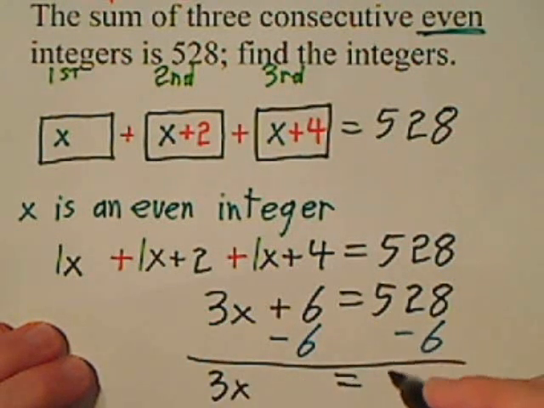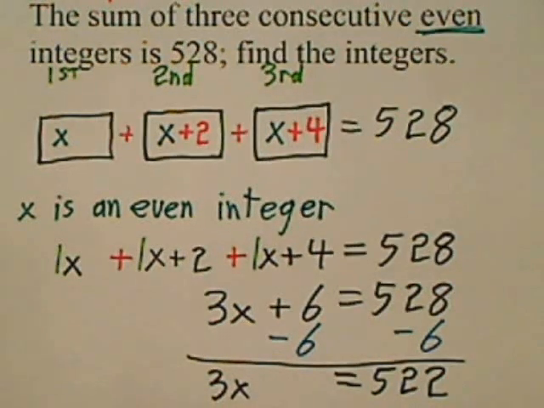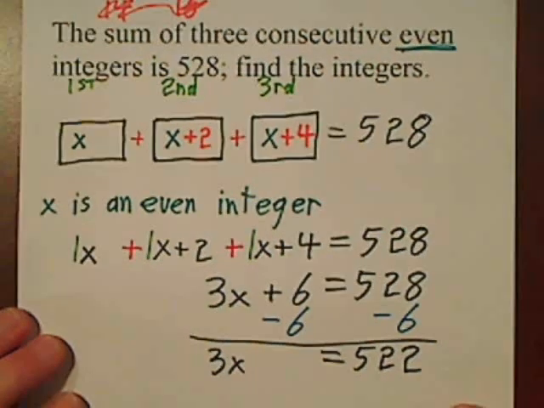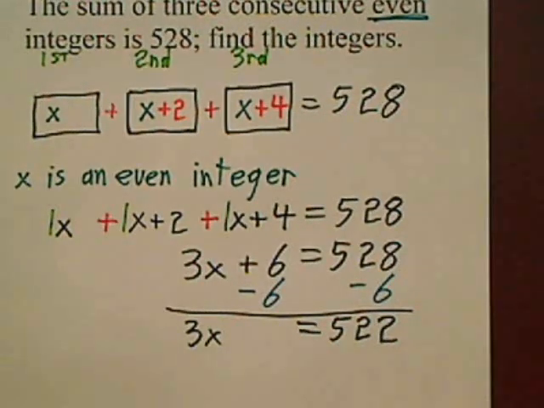Three x equals 522, and then we'll have to get rid of that 3.